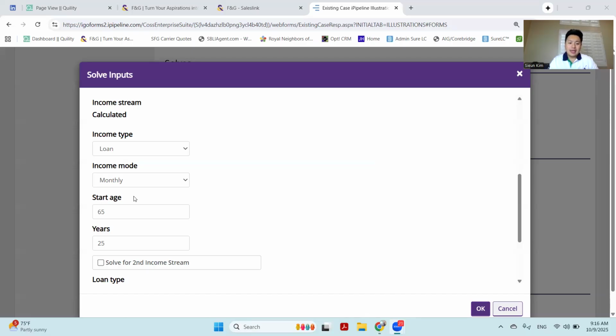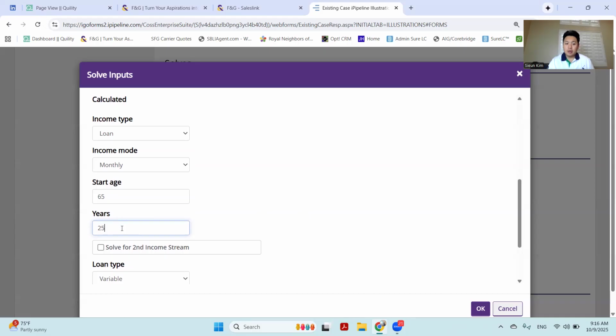So typically, I start the income at the age of 65, and then for the years, I just leave it at 25. That means between age 65 and 90 years old, this particular child, when he becomes 65, is going to be able to receive an income for 25 years until 90 years old, which is amazing.